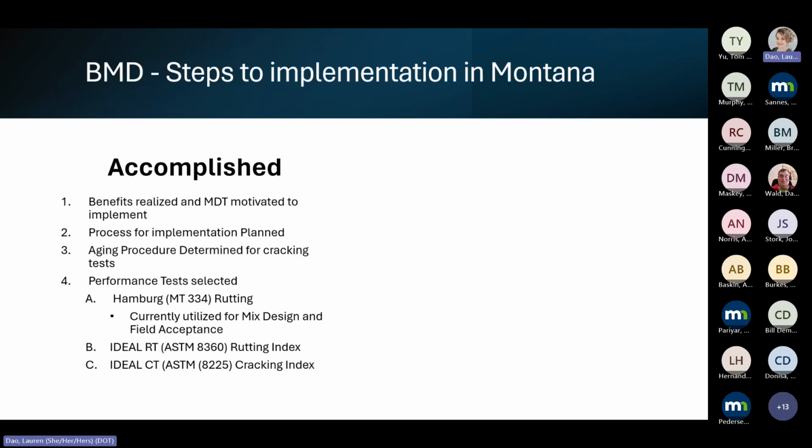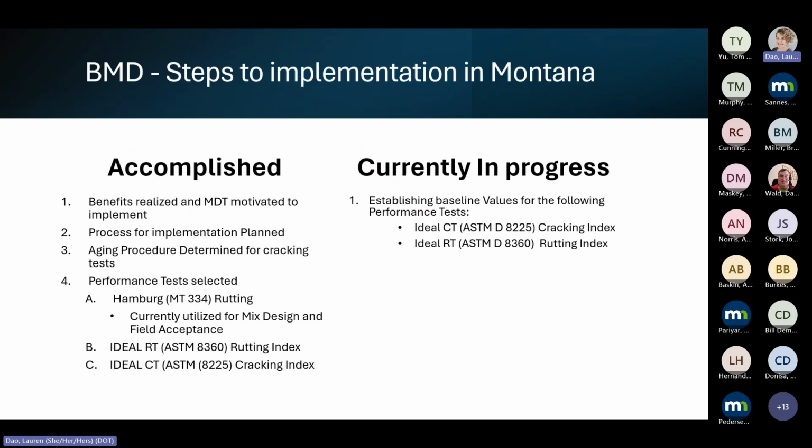But if you're comparing the Hamburg to the RT, like I heard some folks talk today, there's a very good correlation. The work that they did in Texas, Amy Epps Martin, we've been able to somewhat replicate that. I was chatting with Elie earlier today. Our R-squared values are between 0.6 and 0.9 already. So we're doing pretty good there.